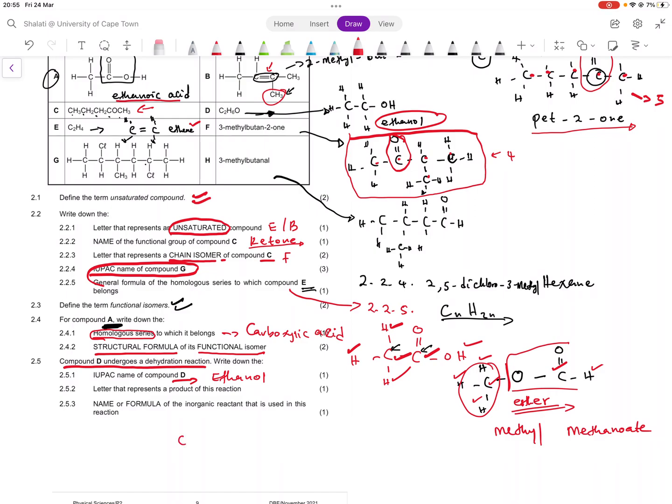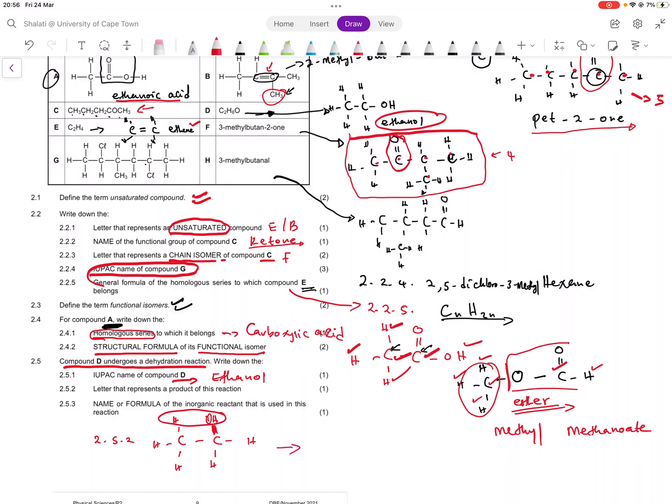The molecule is C2H5OH. This is compound D. If it undergoes dehydration, it means we are removing water. So that's what you must always remind yourself of these terms: dehydration, removal of water. So I'm going to put the OH here. Okay, so we're removing water.